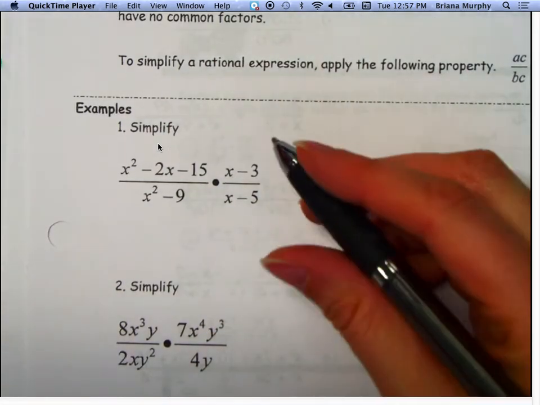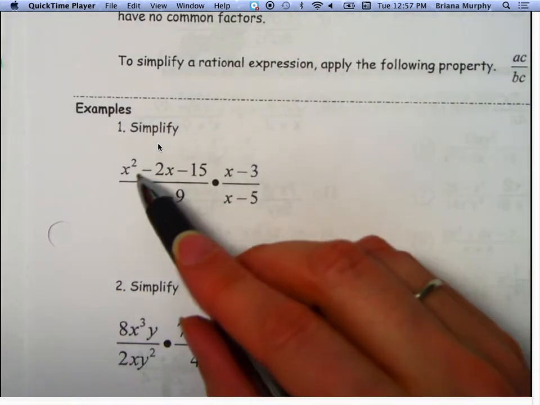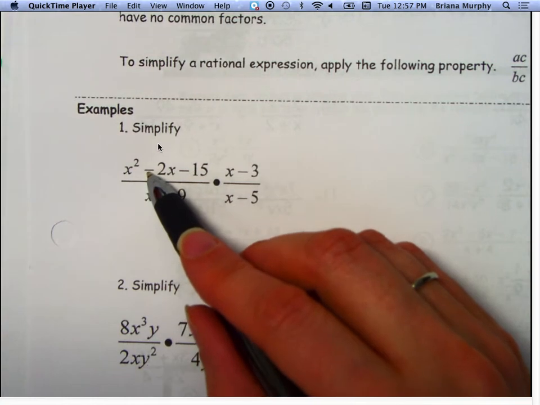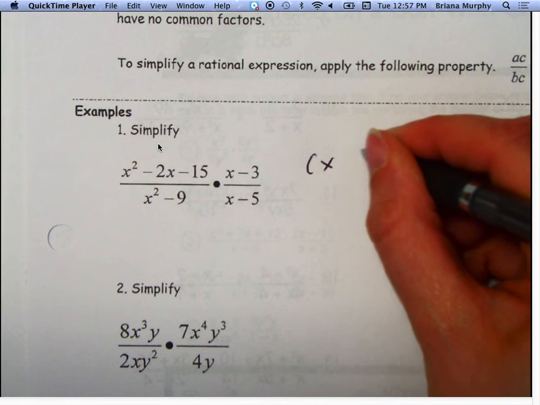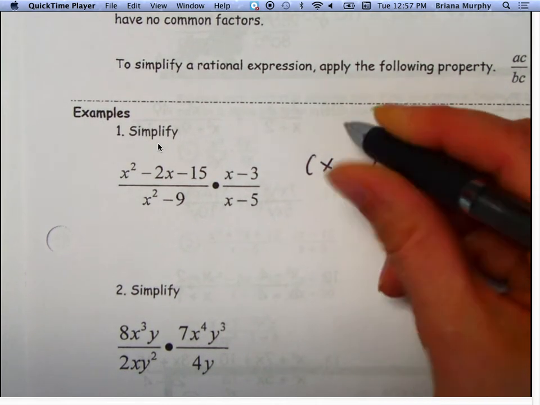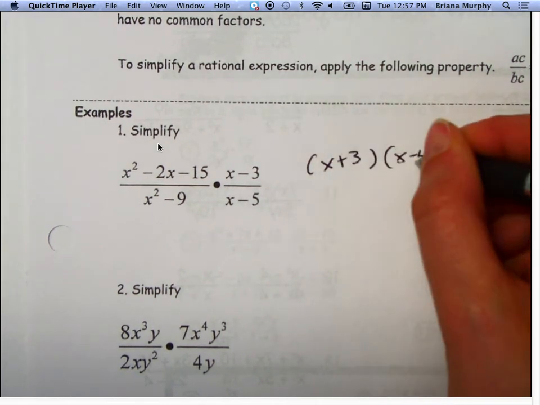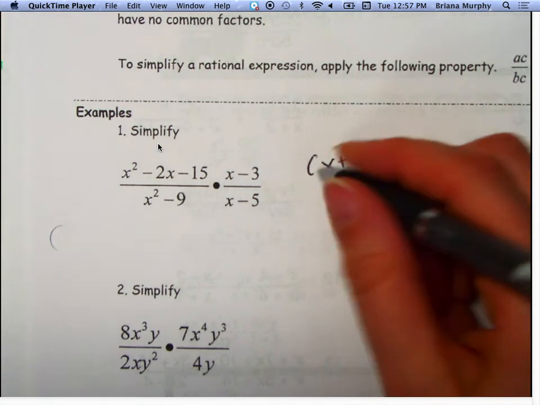The first thing we're going to do is factor this top right here: x squared minus 2x minus 15. We're going to get x and x, so it's going to be x plus 3 and x minus 5, because it's the only way we're going to get a negative 2.